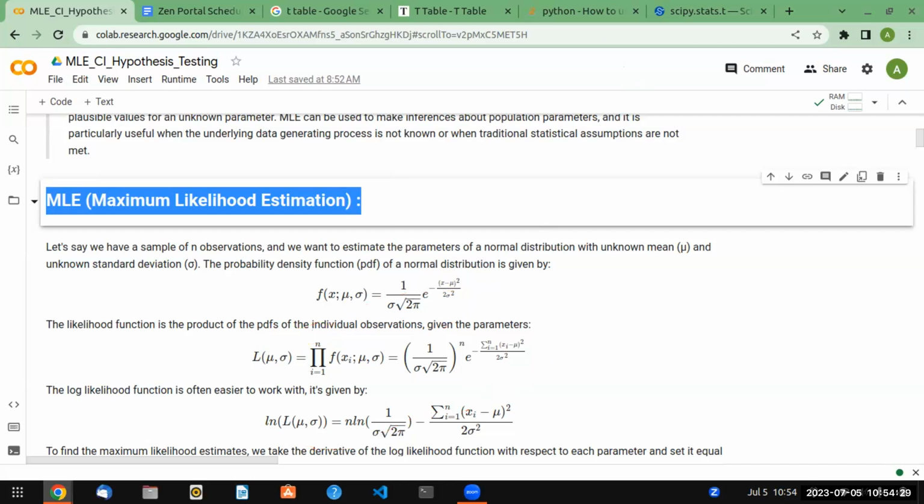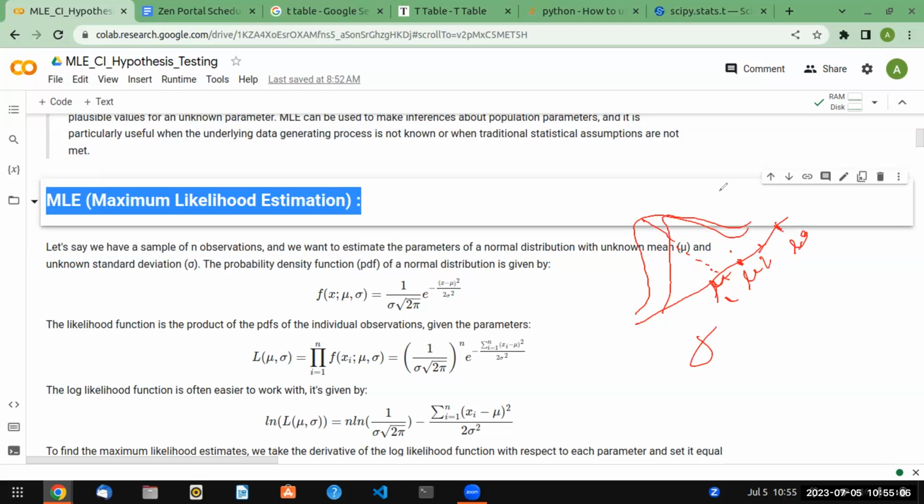Okay, now what maximum likelihood estimation is saying: suppose in a curve, this distribution has a mu and a sigma. If I consider different values, mu1, mu2, I draw distributions with different mu.